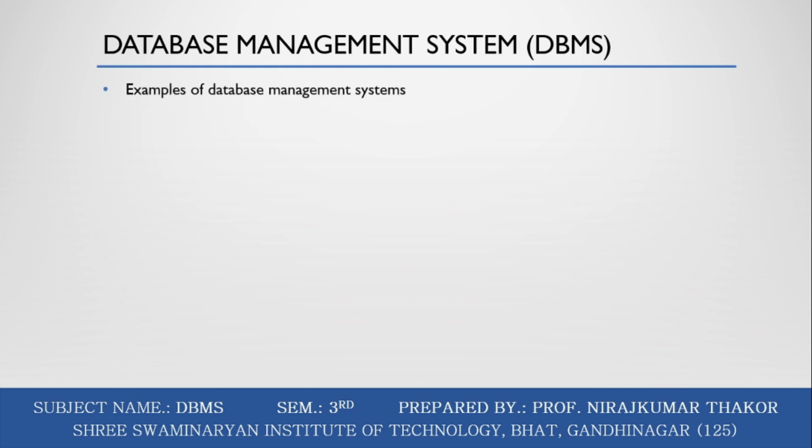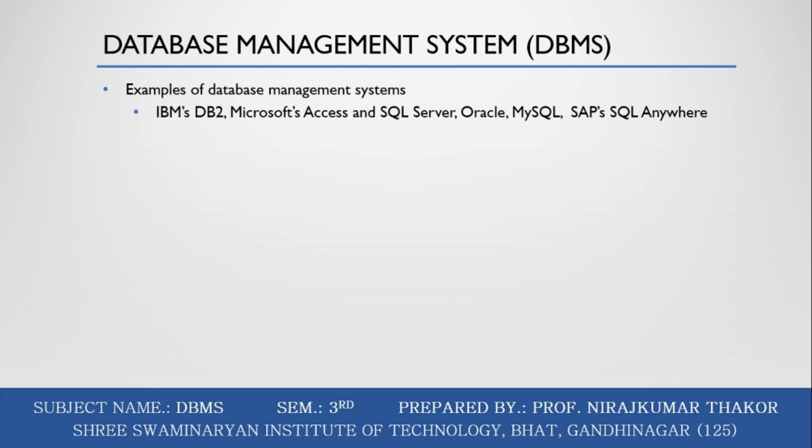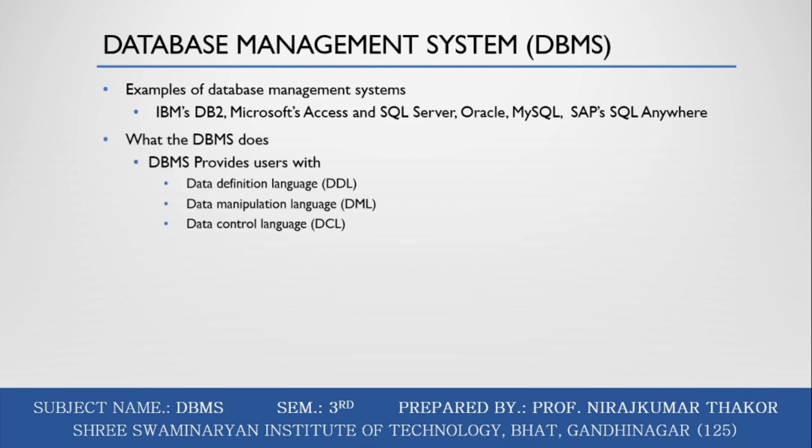Now examples of DBMS: IBM's DB2, Microsoft Access, SQL Server, Oracle, MySQL, SAP's SQL and many more. What does the database do? The DBMS provides the user with the DDL, again it means the data definition language.